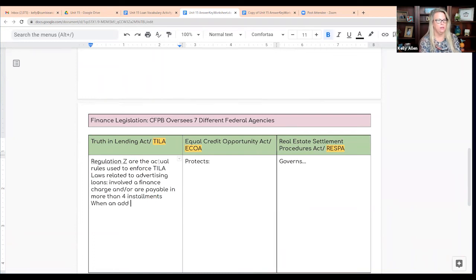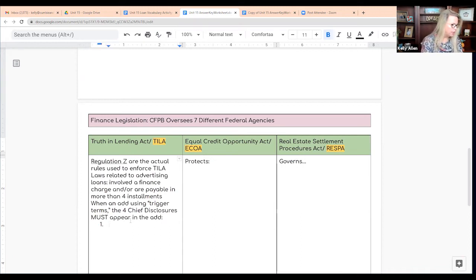When an ad uses trigger terms, the 4 chief disclosures must appear in the ad. What are the 4 chief disclosures?